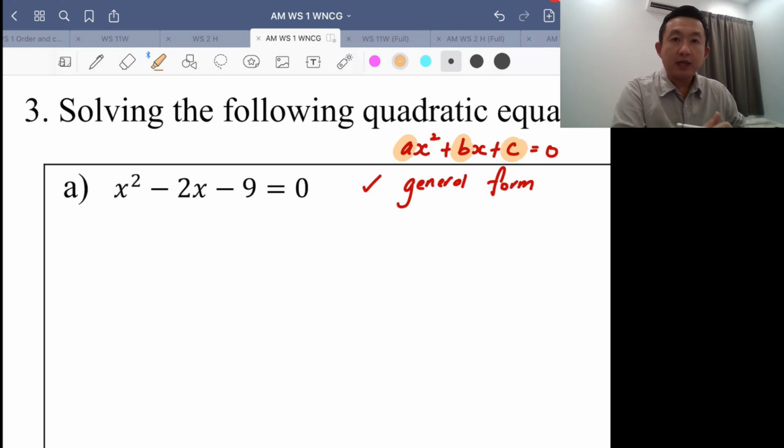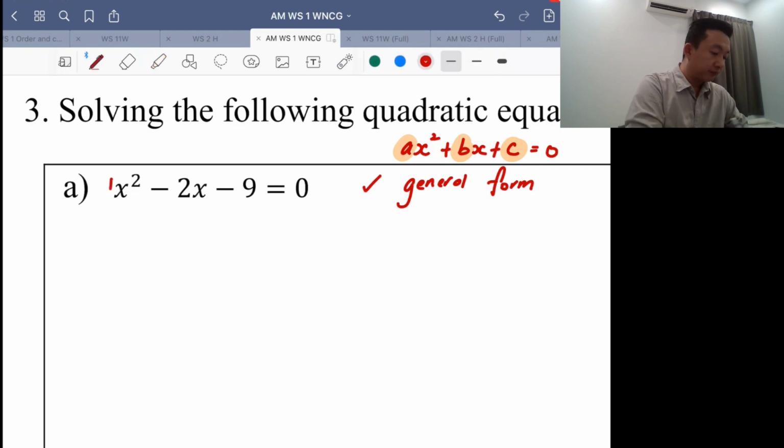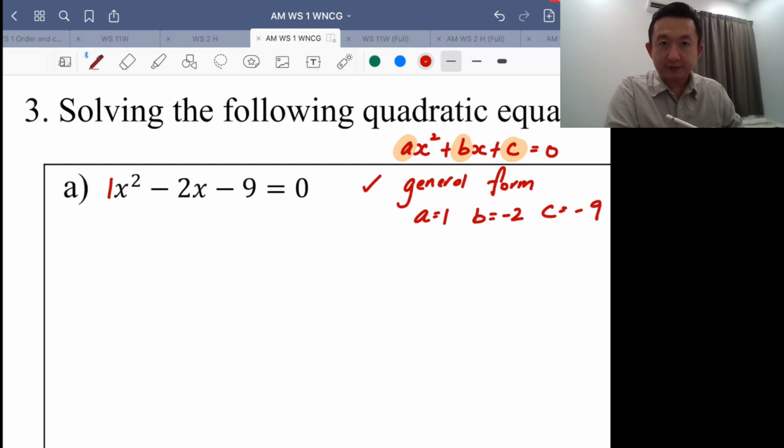For every quadratic equation, we will have values for a, b, c. In this case, a equals 1, b equals negative 2, and c equals negative 9.